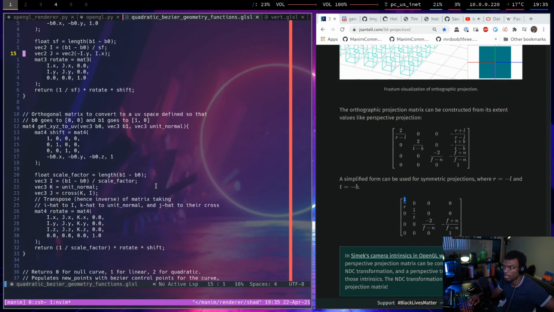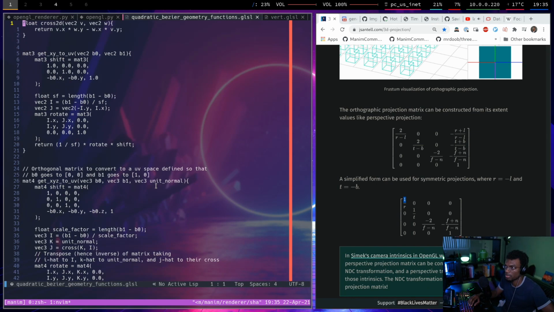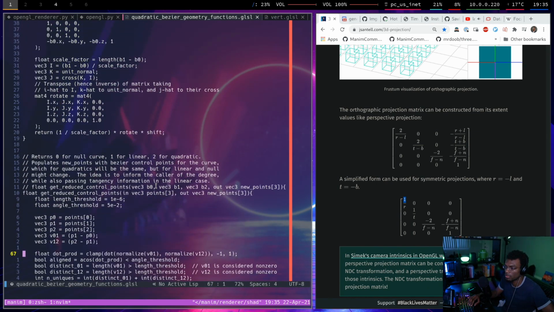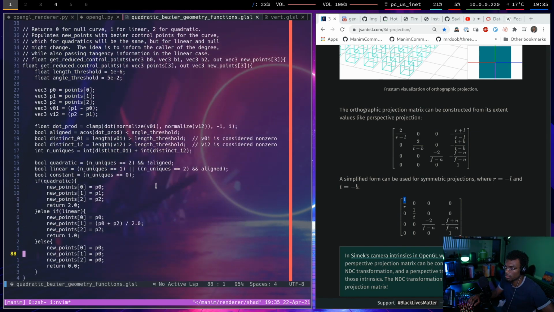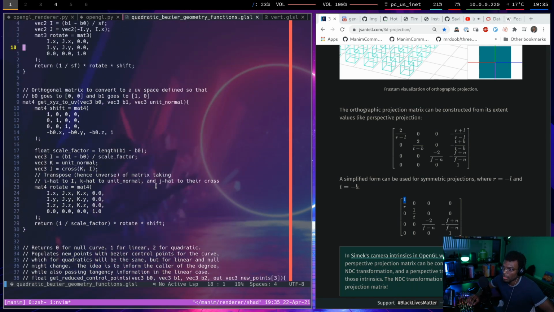Yeah, there is an orthogonal matrix. Is there a projection matrix? No. But I guess it's good there's an orthogonal matrix here. Probably not, because I know he uses a perspective projection in the end. Get XYZ to UV.